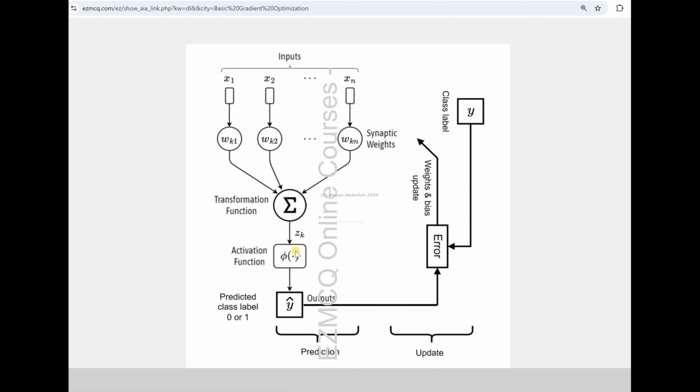So we have this transformation, this activation function, and then we get the predicted output. That predicted output is compared with the actual class label, and whatever that error is, it is used to adjust these weights. This is called back propagation, and these weights are updated.